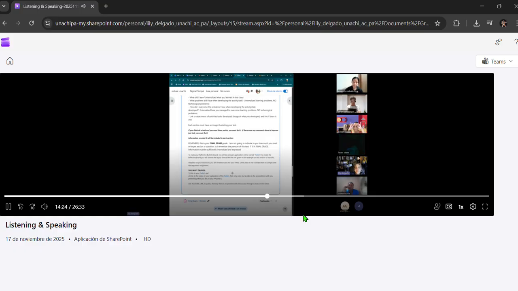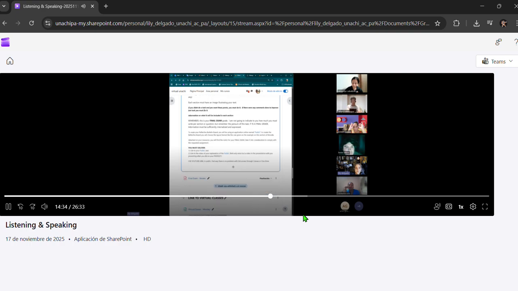Attached in your resources, you will find the rubric for the final exam, to take into consideration to comply with the requested assignment. Okay, what do you need to deliver? You must deliver the link of your Padlet. Make sure that it opens.